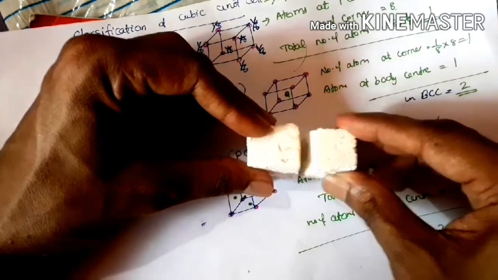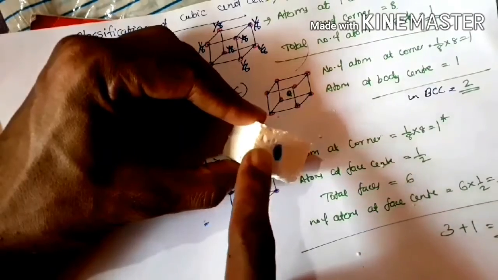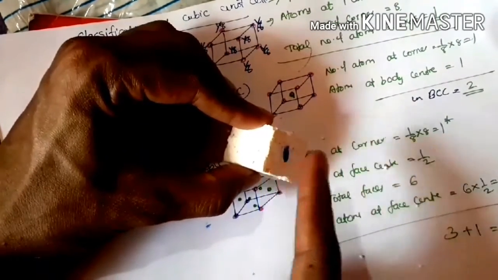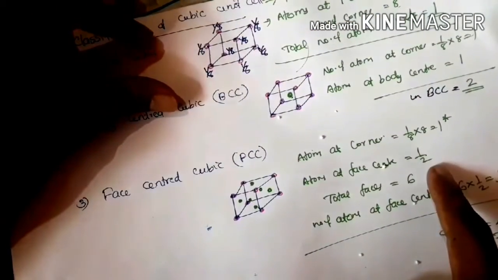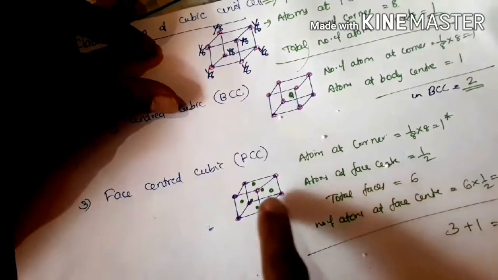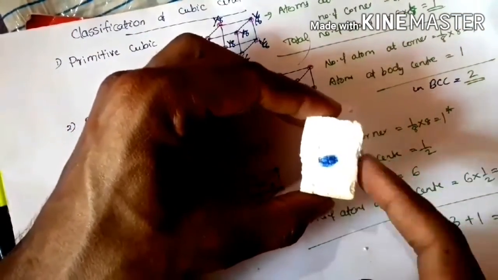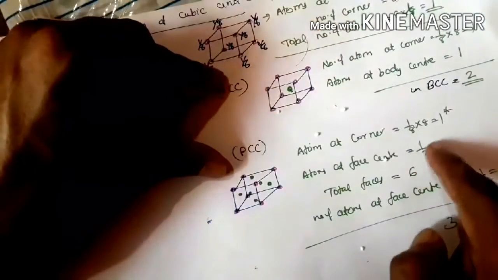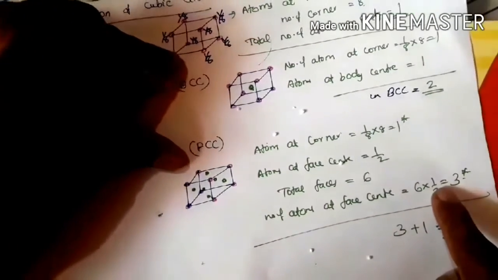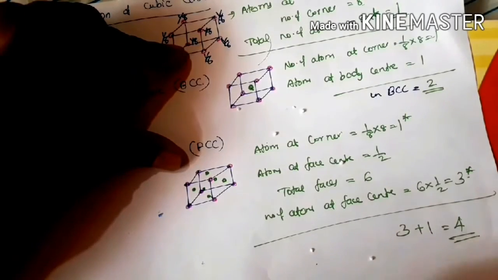So only a half portion belongs to one cube, and the other half is shared by another unit cell. Therefore, the atom at the face center is half. A cube contains 6 faces and each face contains half portion of an atom. Therefore, the number of atoms on the faces is 6 into 1 by 2, that is 3. Therefore, the total number of atoms present in FCC is 3 plus 1.